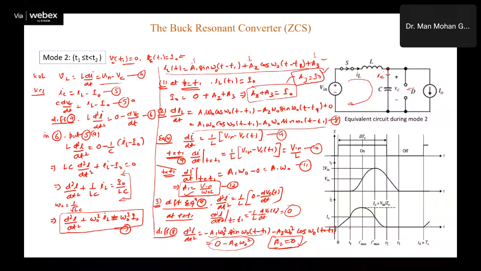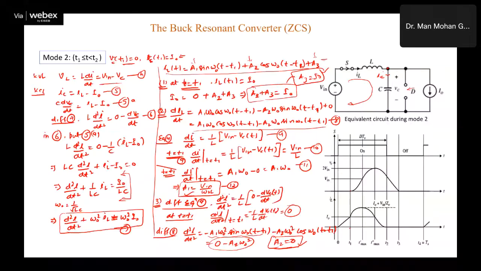Now, what is next? The next mode, now what happens? Just look at this circuit. At the end of this mode, what are we getting? The current through this inductor has become 0 and there is some voltage across this capacitor. Now, you know the diode was like this only.